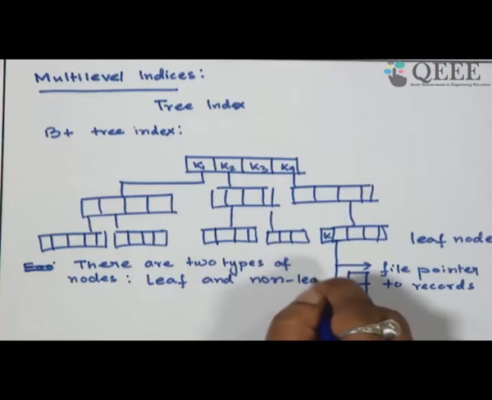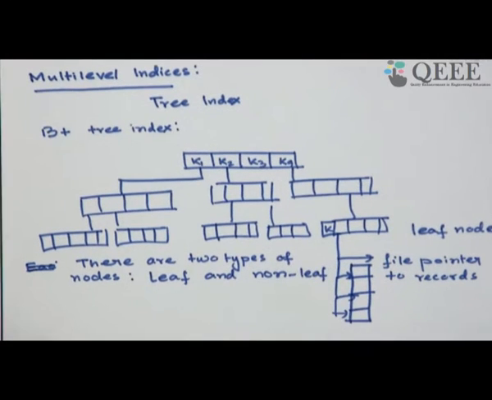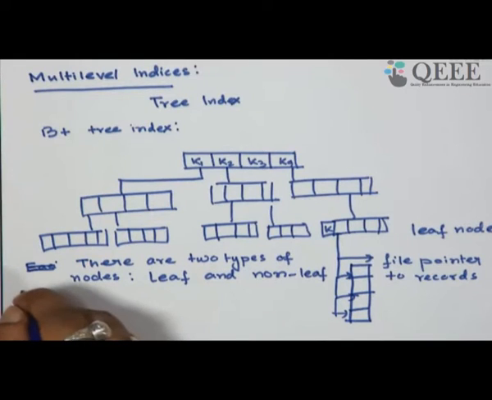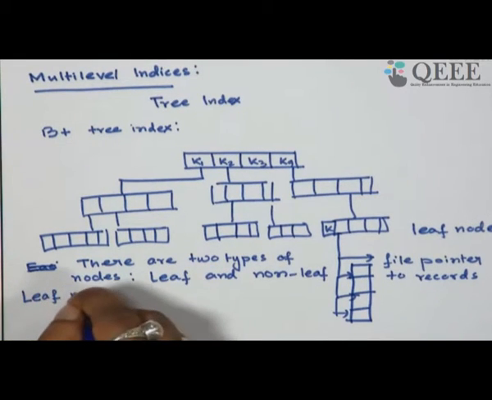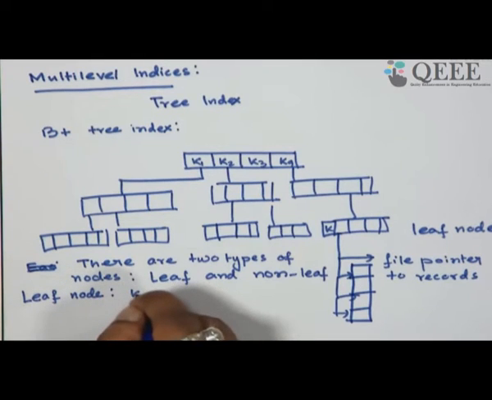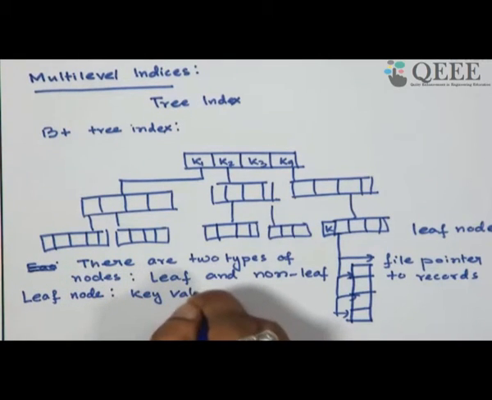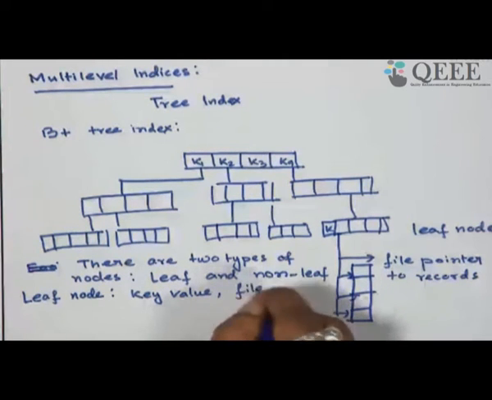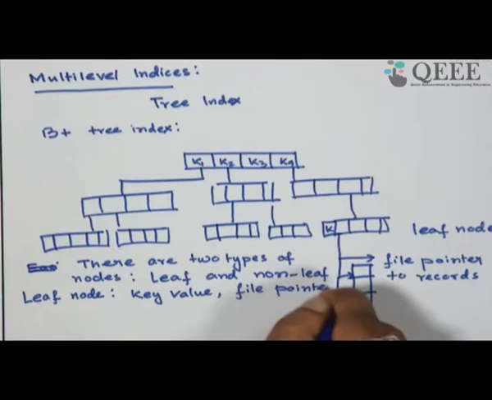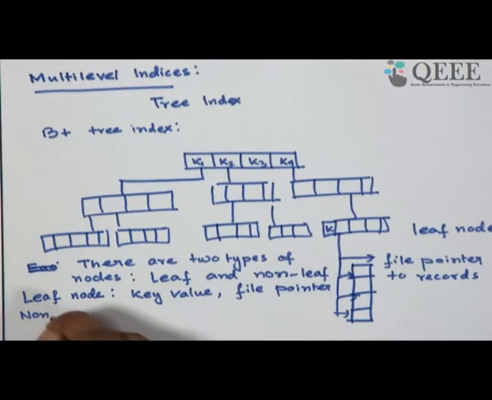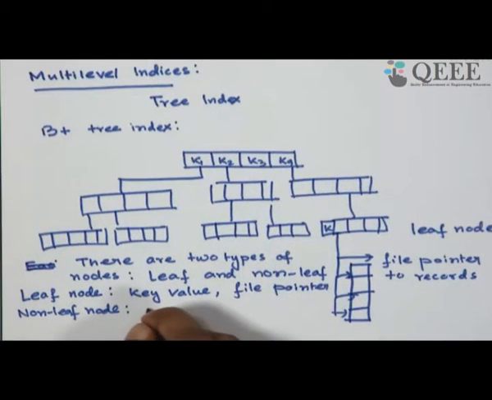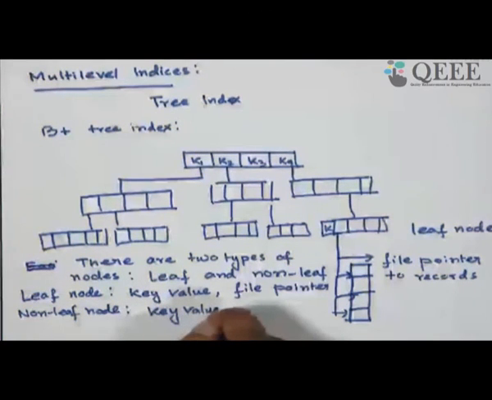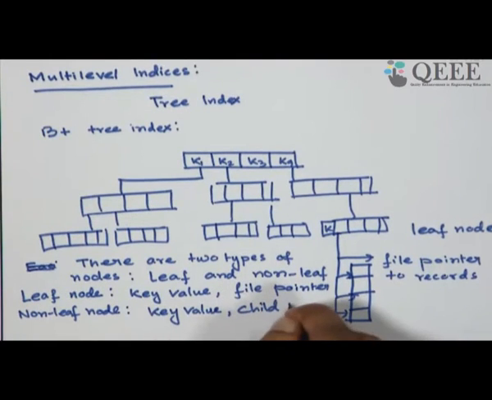I'll write down the definition, then I'll explain. The leaf node will have some key values.